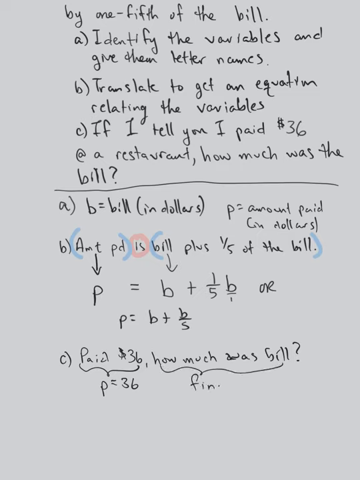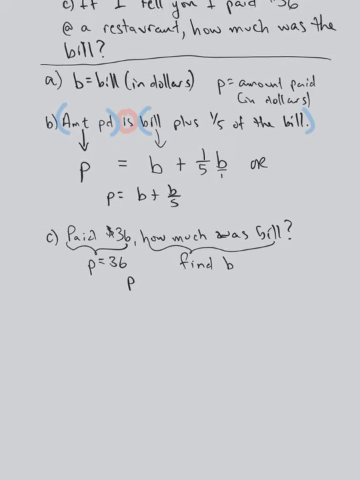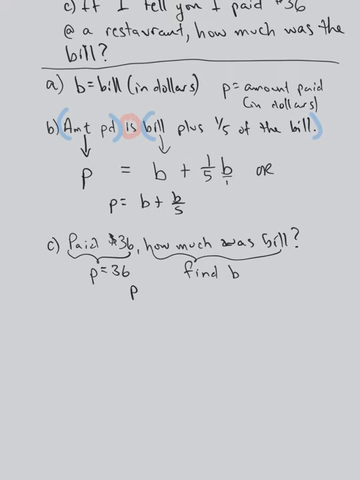It's telling me to find the bill, to find B. So my equation is P equals B plus B over 5. Okay, like that. But I know that P is equal to 36, so I can fill in 36 for P.